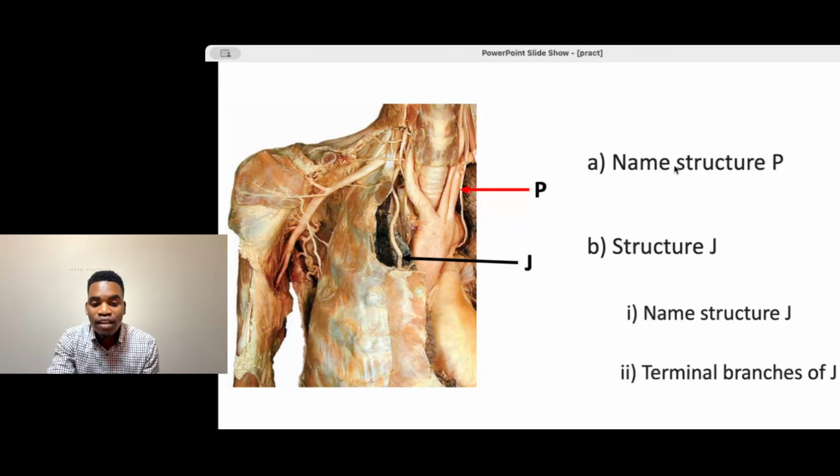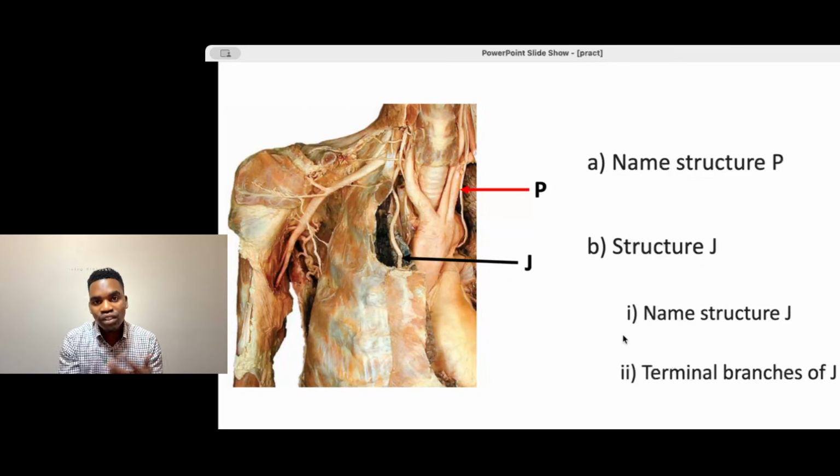For example, if you fail to identify structure P, you're not going to affect the second part of the question. The second part does not depend on the first part in this particular situation. But for structure J, if you fail to name structure J, you automatically get the second part wrong.